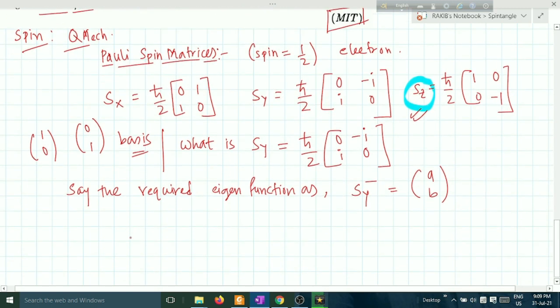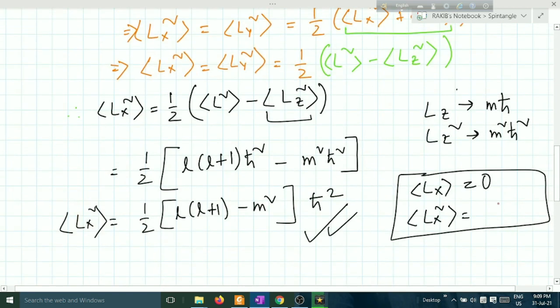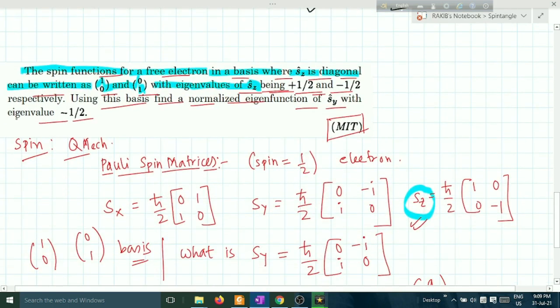Now what happens if Sy operates on the Sy ket? Please give the ket symbol. Sy operated on the Sy ket gives an eigenvalue. What is mentioned in the question? It is mentioned that the required eigenvalue is minus half. We need the eigenvalue minus half, not the plus half eigenvalue.